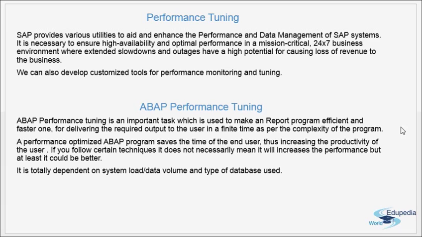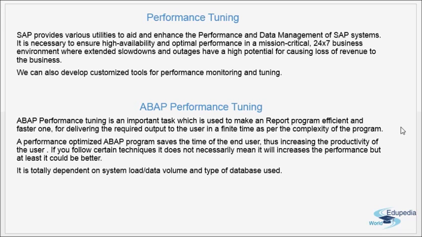If you follow certain techniques, it does not necessarily mean it will increase the performance drastically, but at least it could be better, right? So we have to follow some simple things: tune the ABAP programs, do data management, clean the temporary files, logs, and all these things in the SAP system.